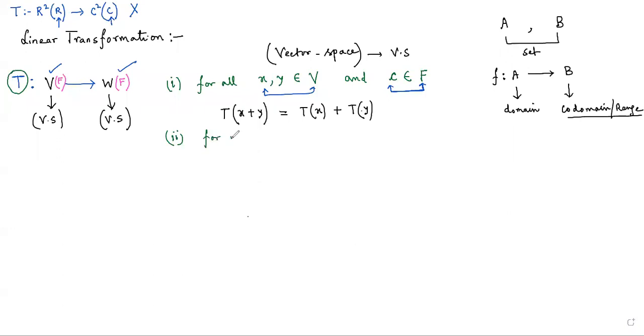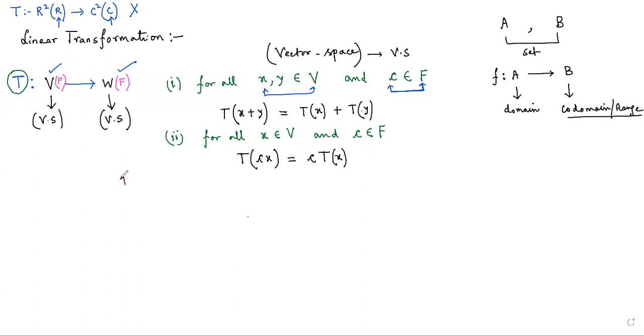For all x belonging to V and c belonging to F, if I apply the function T on the element cx, that is T(cx), this should be equal to c times Tx.